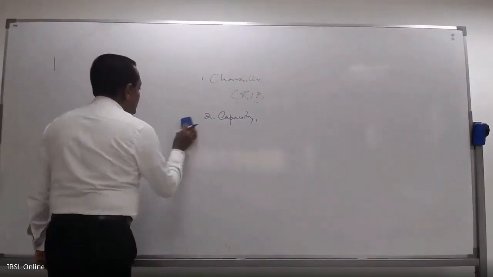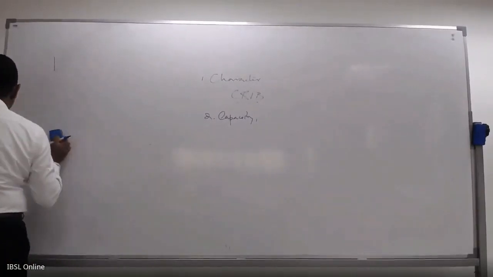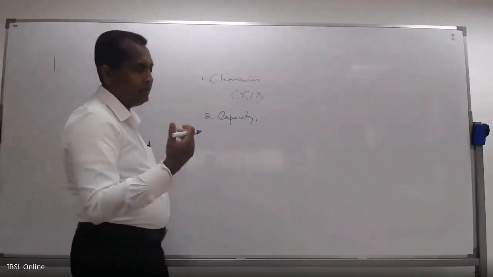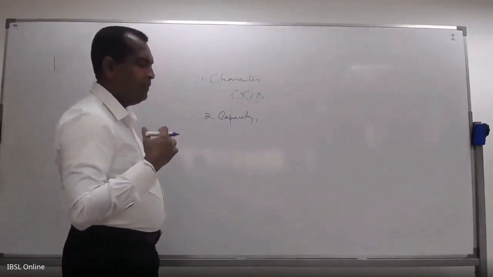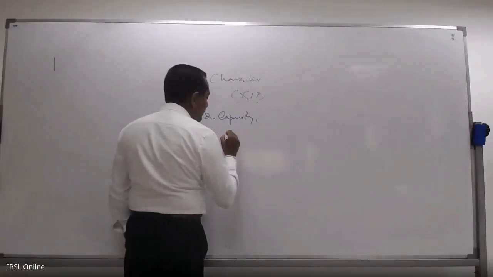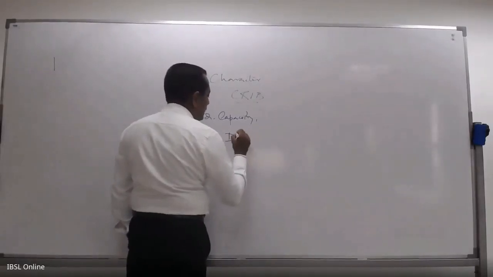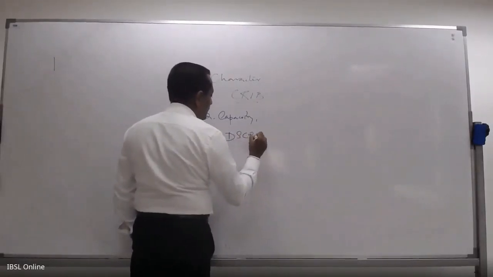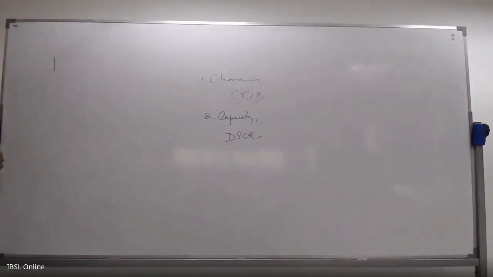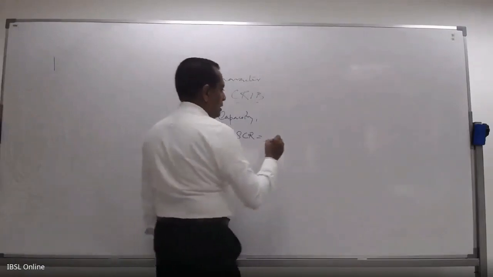If the customer can pay at least 50 to 60% of the loan he's asking, then we are good to go, right? In order to do that, we calculate something called DSCR, debt service cover ratio. We learn this.